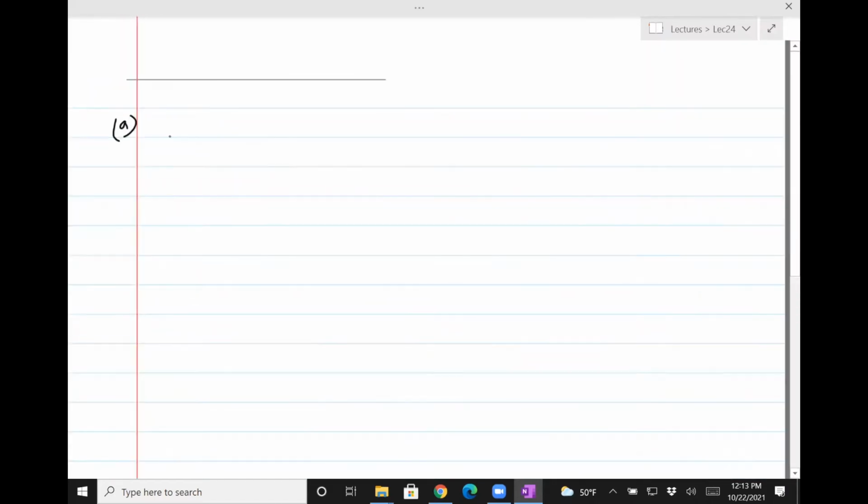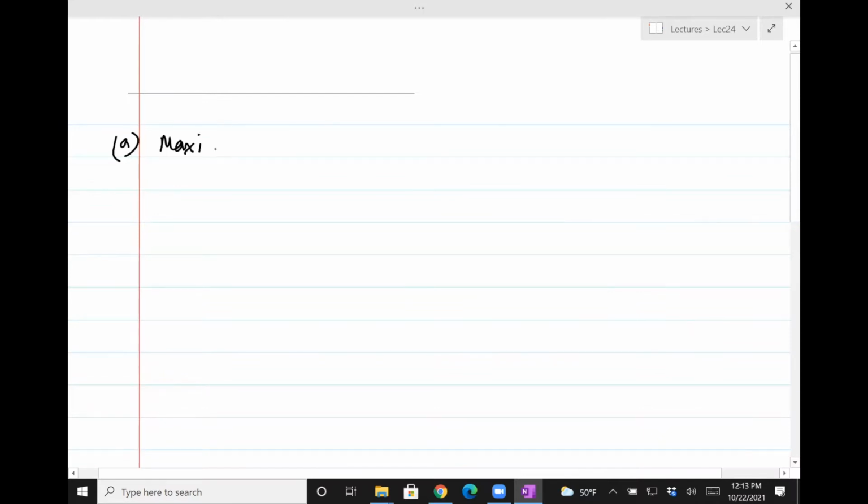So let's do maximum shear stress. The formula for the factor of safety, I can write the definition.